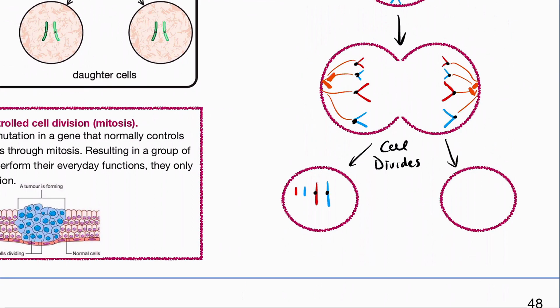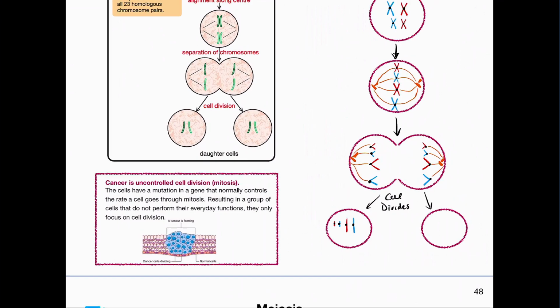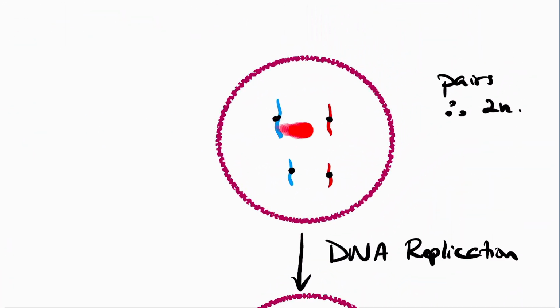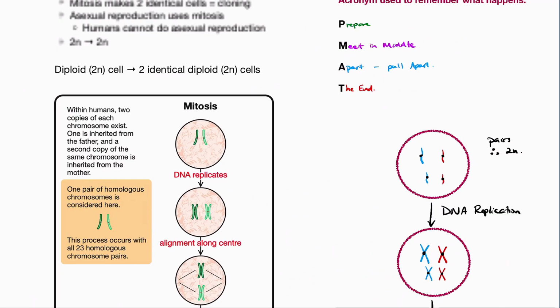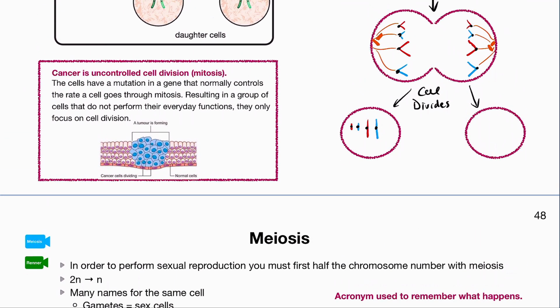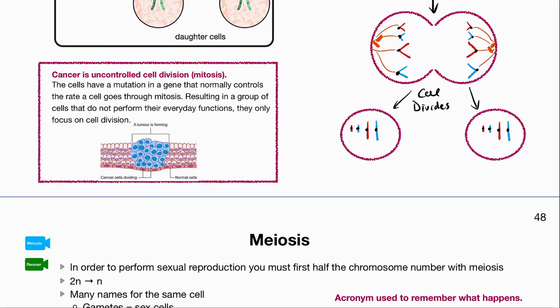And you'll notice that these cells in the end look identical to the first cell. Big, big, little, little, big, big, little, little. Only we have two of them. Two of each. Just like that. And that's mitosis.